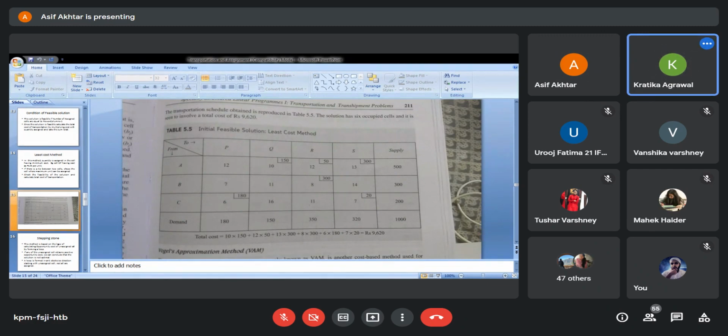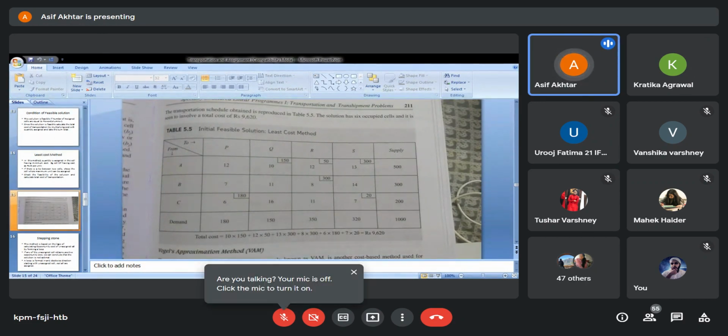So let me think. It's very simple. You yourself have seen that we have two cells having the same cost of transportation. So there is a tie between two cells having the minimum cost of 7.